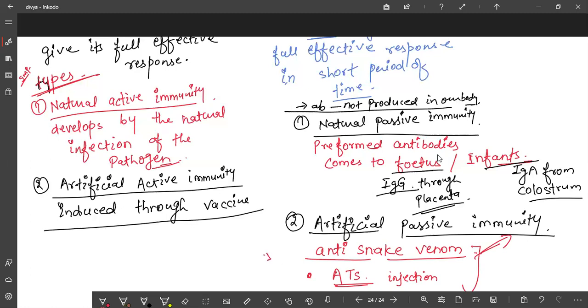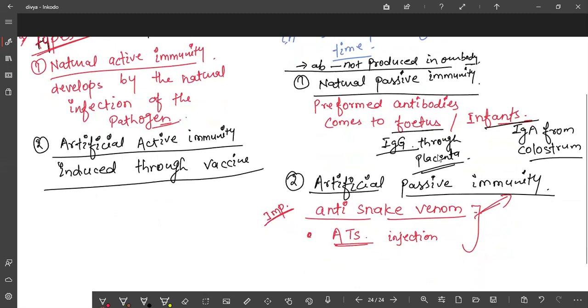This is again an important question for NEET. If you go through the question bank, you will come to know that this question has been asked many times: give an example of artificial passive immunity. What will be the example? Anti-snake venom and ATS.